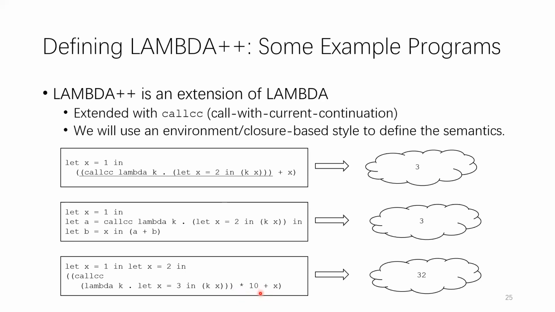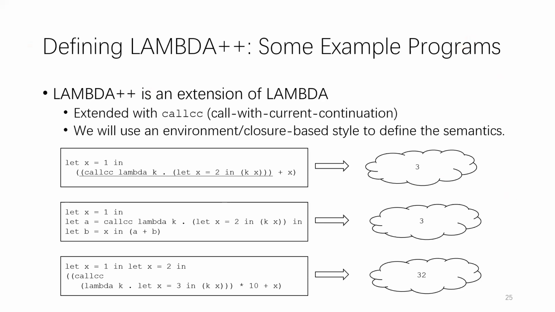And the continuation is applied to the value 3 here. So we have 3 times 10 plus 2. So the result is 32. So these are just examples of callcc. It is a very tricky language, but it's also a very powerful language. So from callcc, you can define, for example, the try-catch block and many other interesting language constructs.